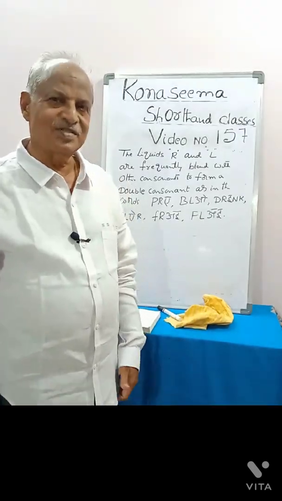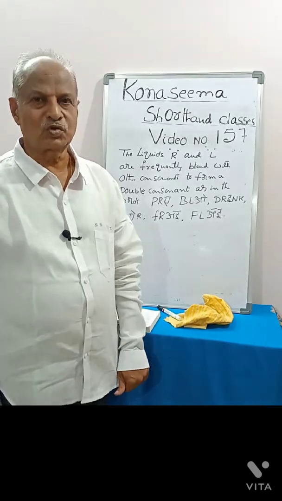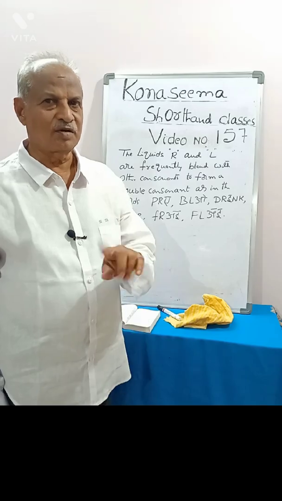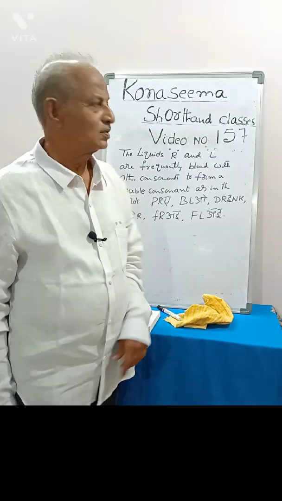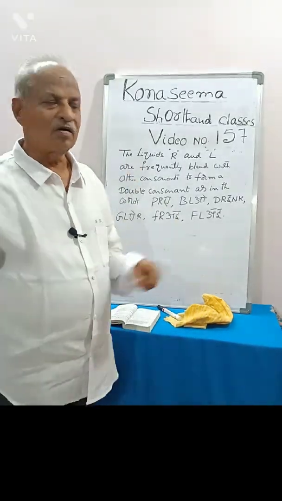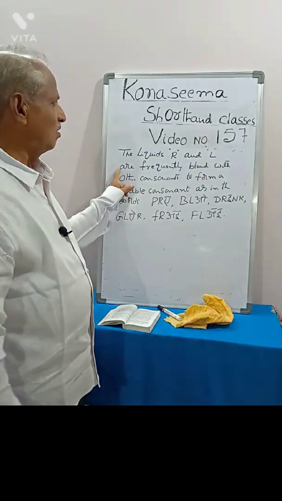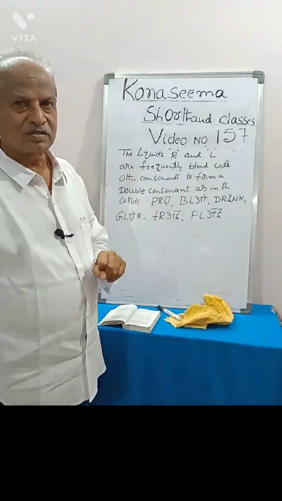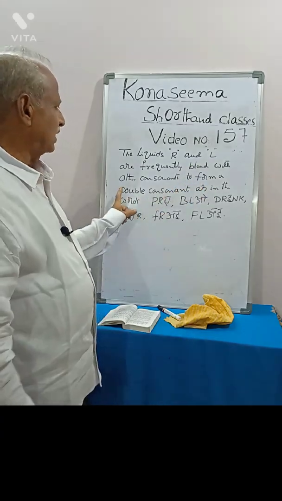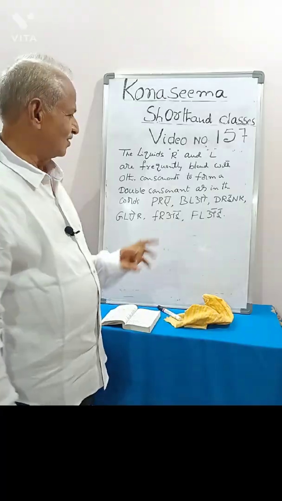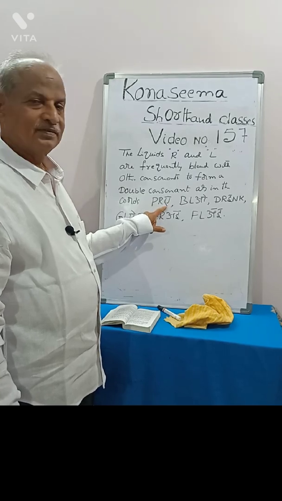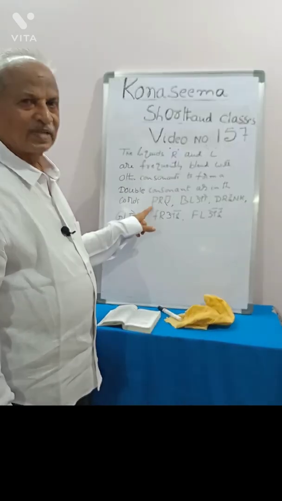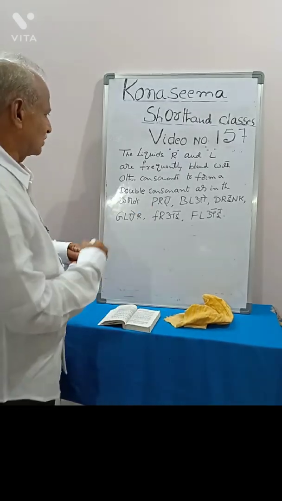You see the page number 48, initial hooks to straight strokes and curves. In this chapter, it is told that the liquids R and L frequently blend with other consonants to form a double consonant, as in the word pray. Here in pray, R is mixed with P and became the double consonant, par.